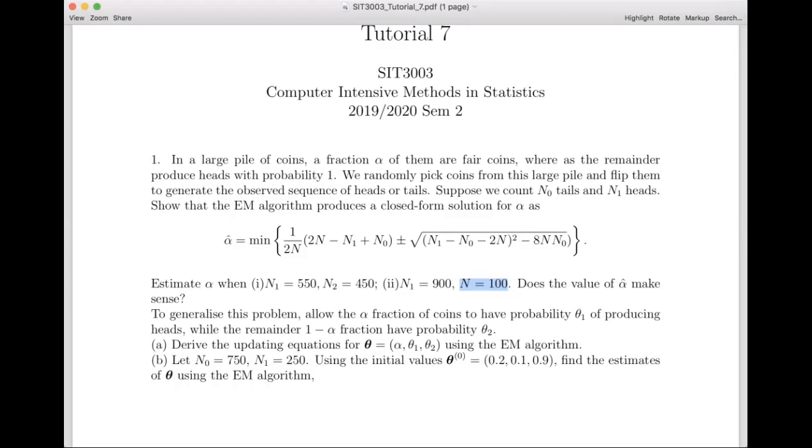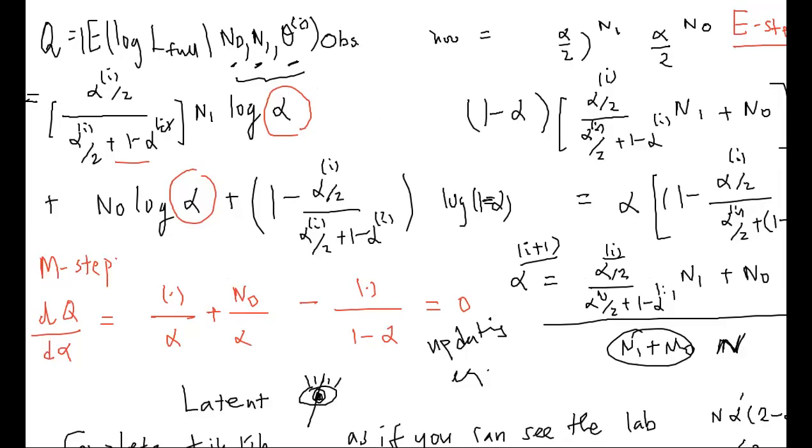And now the second part here is you have to generalize the problem, okay? So to generalize this problem, let's go back to the writing board. All right. So now you have to generalize it. So you have to observe likelihood, right? So when you get a hit, it's either from the fair coin or it's from the biased coin, right?